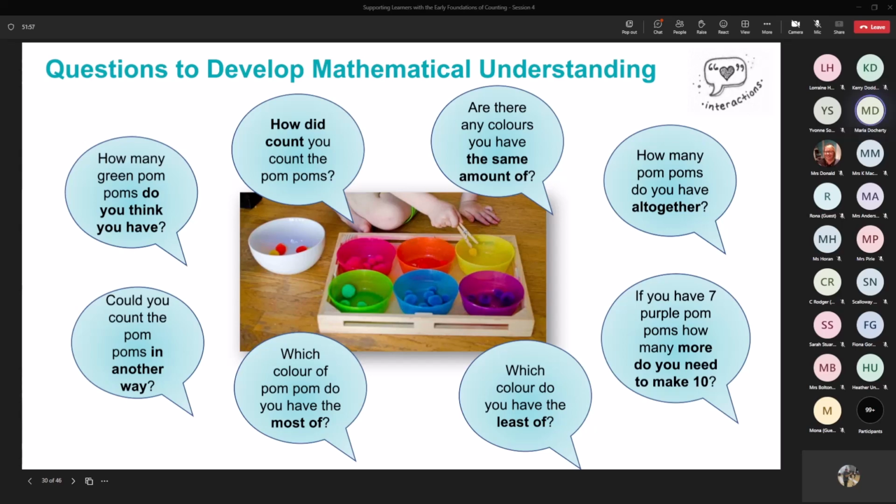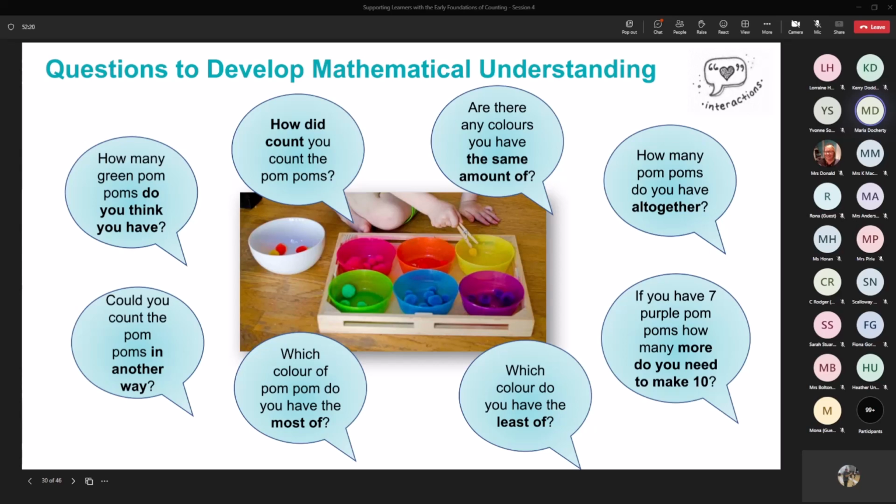Using questions like this is a really effective way that you can then model and explore some of the associated vocabulary that we want the children to understand, but it's done in a very natural way as part of the learning. And we know, outwith numeracy and maths and outwith counting, the power of questioning. We know how this can really deepen and support understanding.